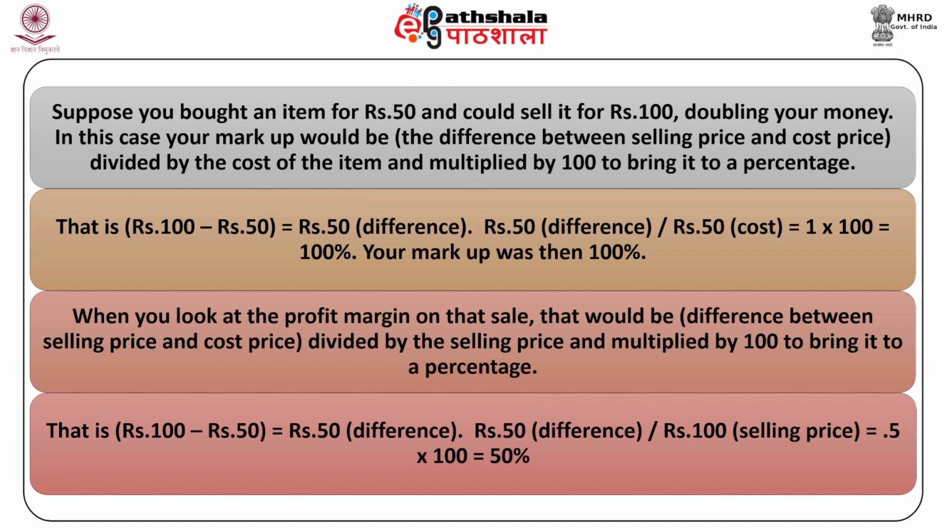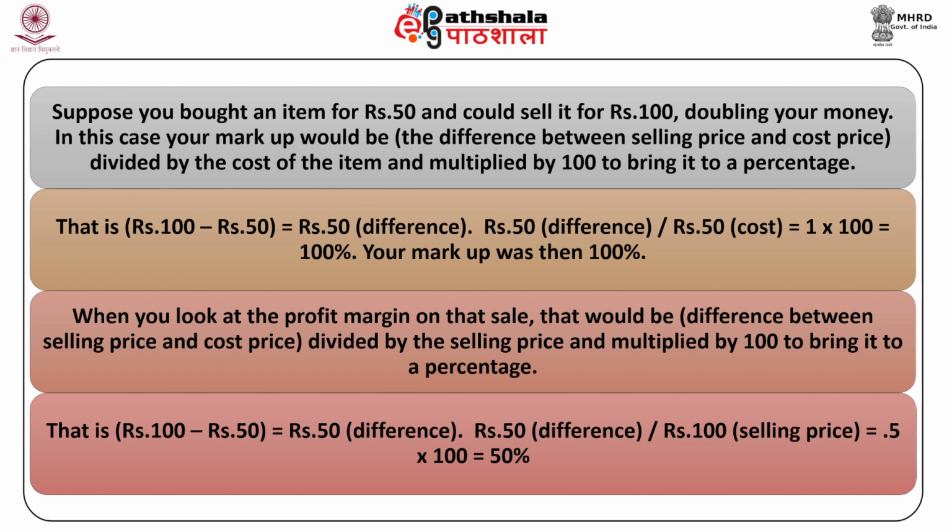When you look at the profit margin on that sale, that would be the difference between selling price and cost price divided by the selling price and multiplied by 100 to bring it to a percentage.